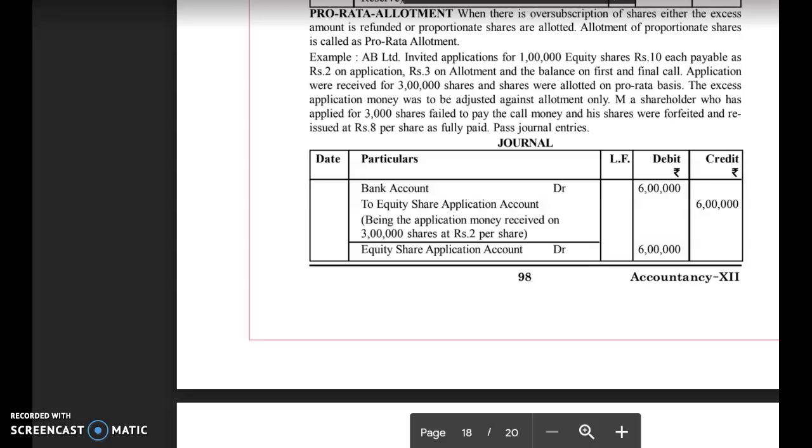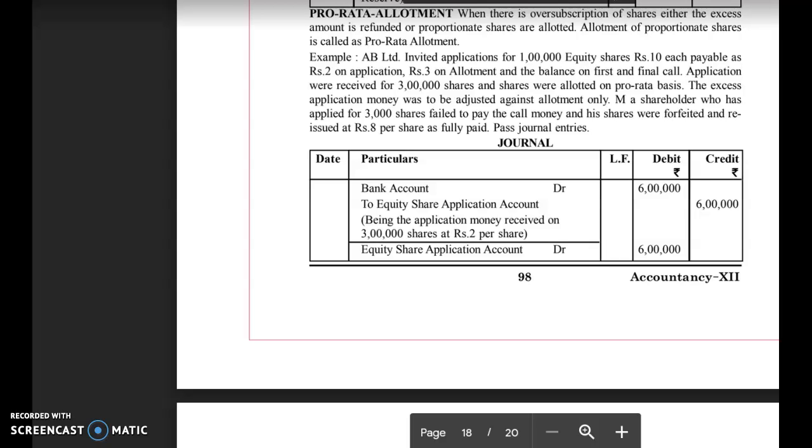You have to see for how many shares he has applied, how many shares he has been allotted, and what the surplus of that shareholder is. If you have the register, then note it down, how the amount not received from M will be calculated. Here again, go through the statement.